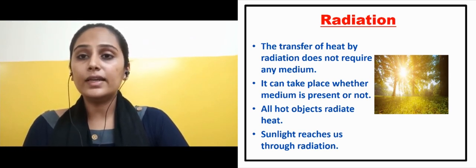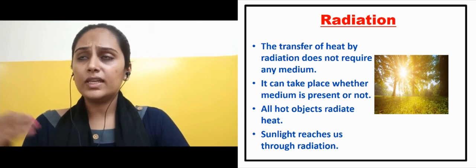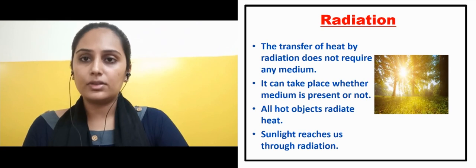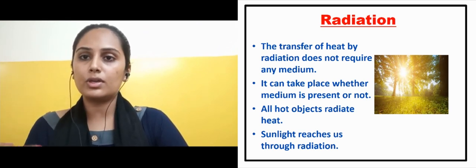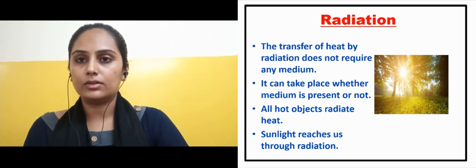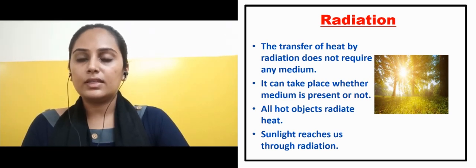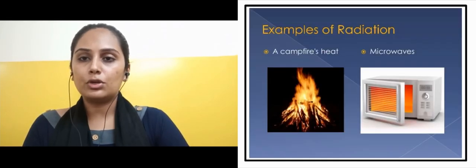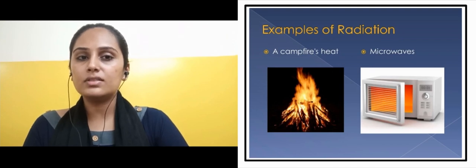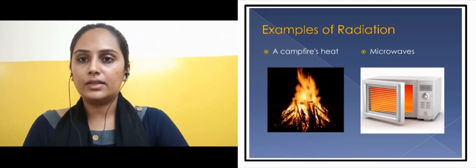Okay. Sunlight reaches us through radiation. Now see, we get sunlight directly from the sun, right? Is there any medium between us? No. It reaches us directly. Okay. See, there are some more examples for radiation of heat. First one is campfire heat.